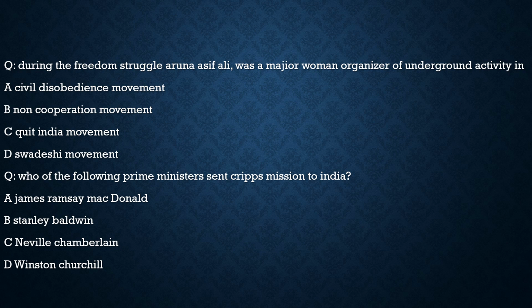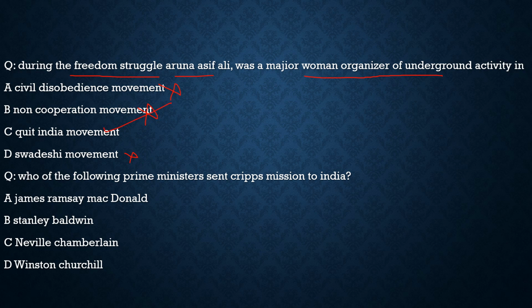It says, during the freedom struggle, Aruna Asaf Ali, she was a lady, was a major woman organizer of underground activity. Was she involved in the civil disobedience movement? No. Non-cooperation movement? No. Swadeshi movement? No. She was definitely involved in the Quit India movement.